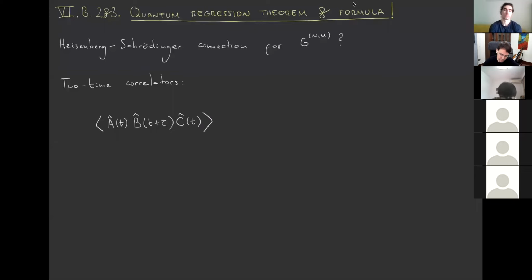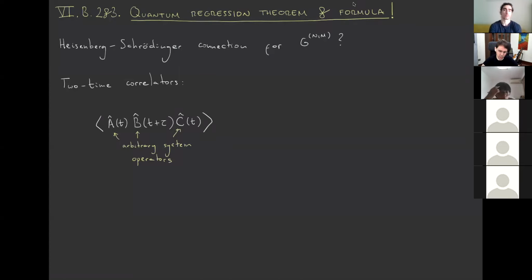It's important that these operators A, B, and C are arbitrary system operators. And of course, this is a Heisenberg picture expression because these are operators that depend on time.